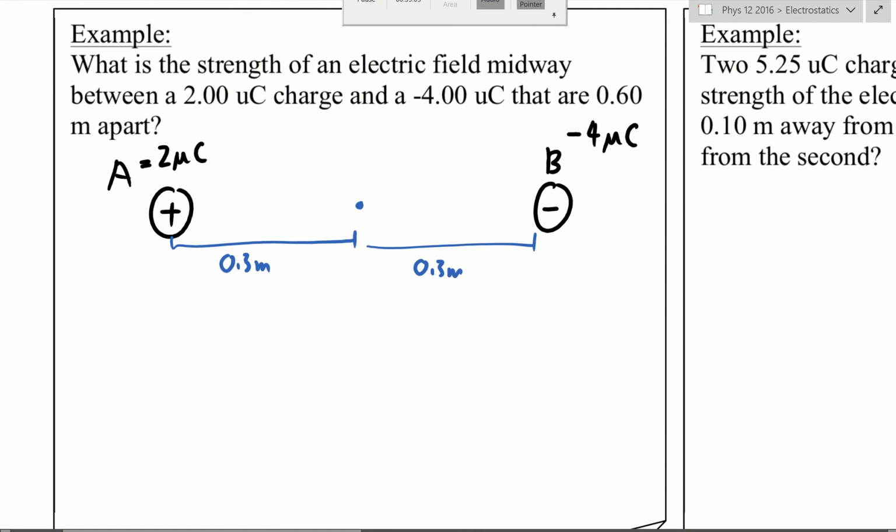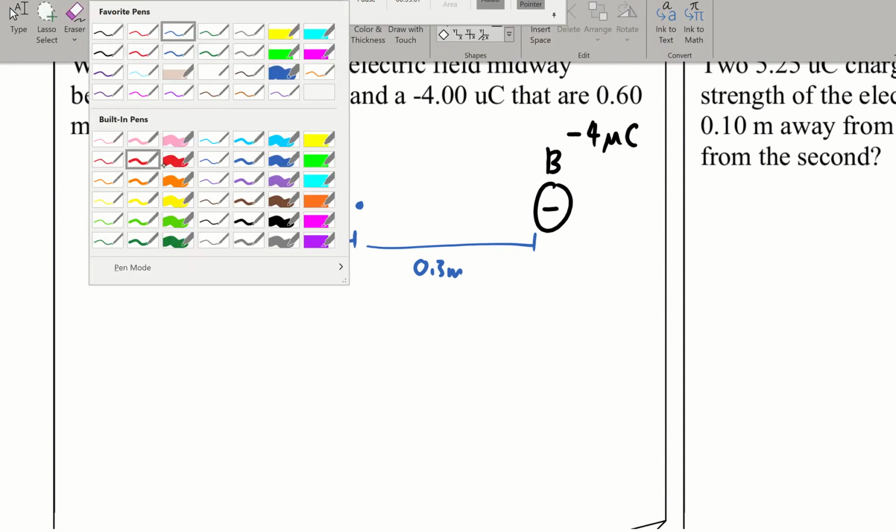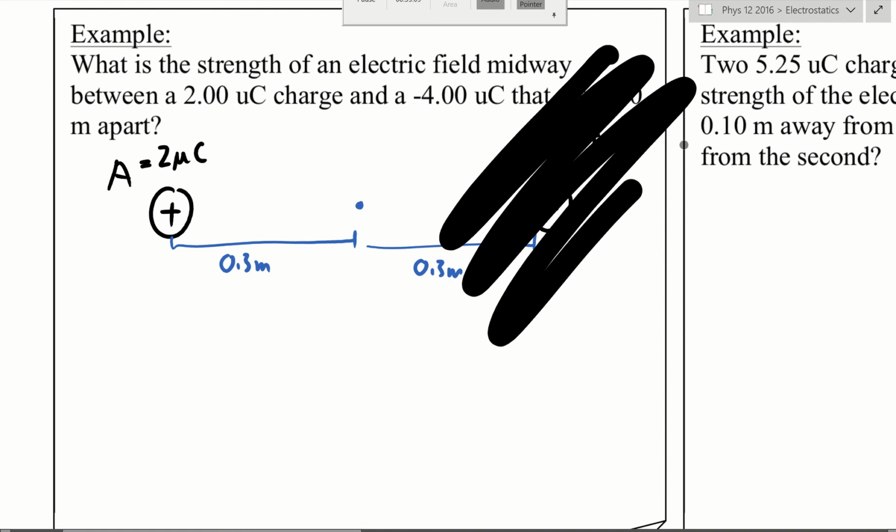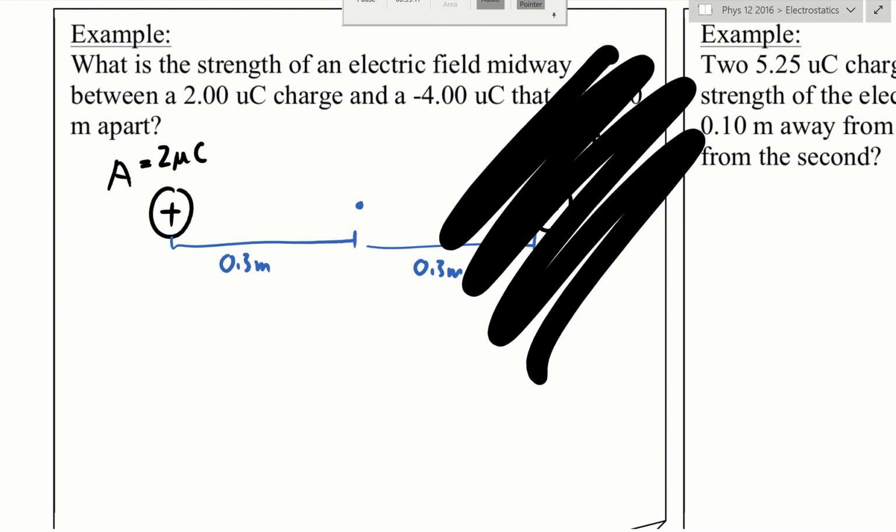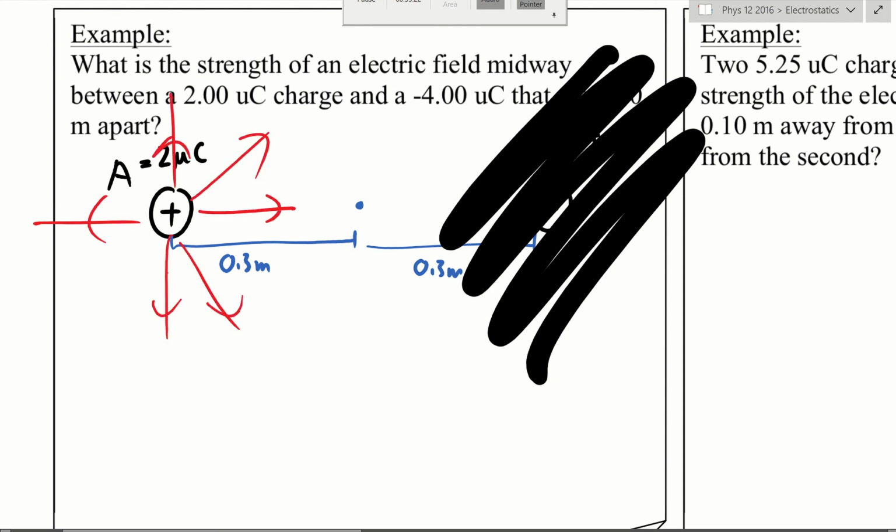So step 1, boys and girls, ignore charge B. Ignore it. Don't look at it. It doesn't exist. Now, look at the picture for charge A. You know that it emits electric field like this, around. So by the time it gets to this point, it goes to the right-hand side. So this is the electric field at that point from charge A. Now I don't need any of these distractions.